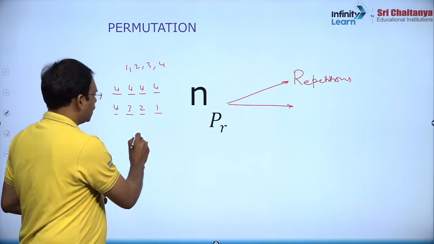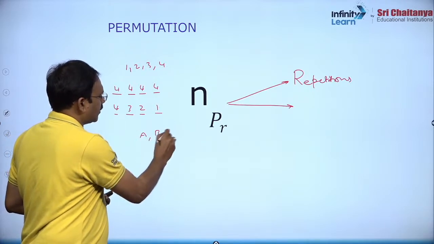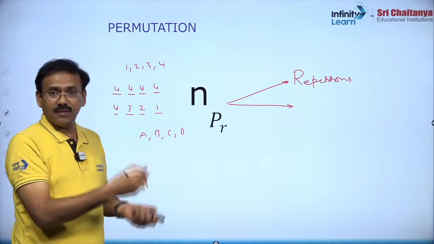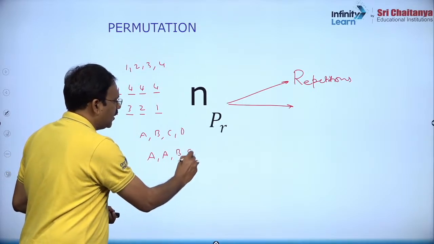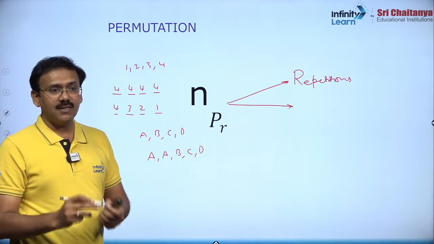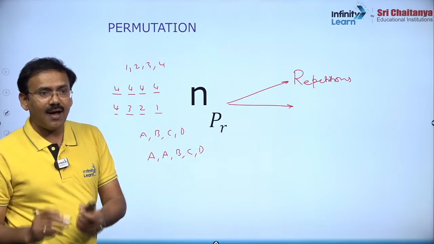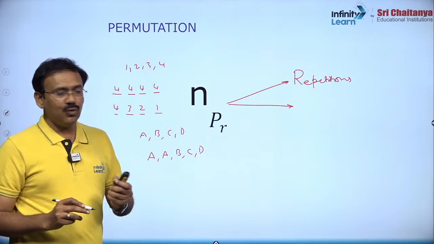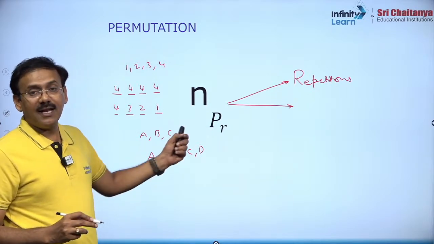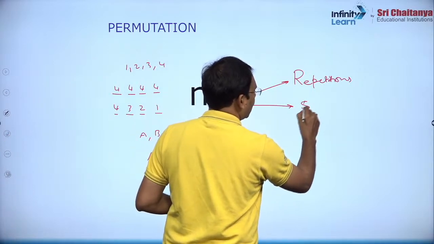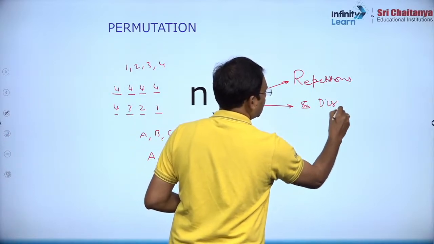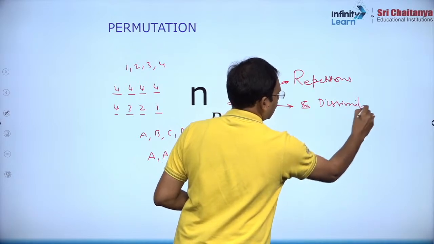That means, friends, suppose A, B, C, D are the 4 dissimilar things, the answer you can write as nPr. Suppose there are certain things similar, then you cannot write nPr directly. So friends, all the n things must be dissimilar.